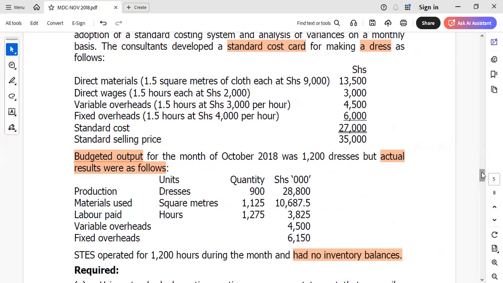If you are, then you think about the sales mix and the sales yield. But in this question, I'm not going to talk about them because we are dealing with one product, that is dresses. So I don't add the sales mix and sales yield.